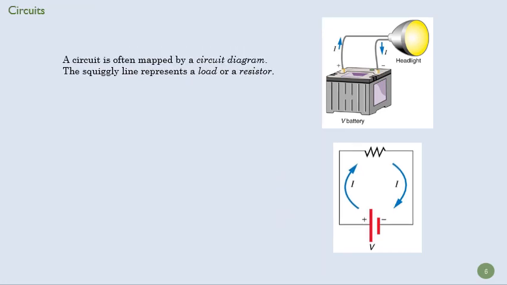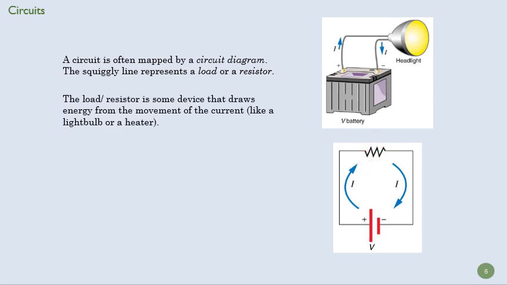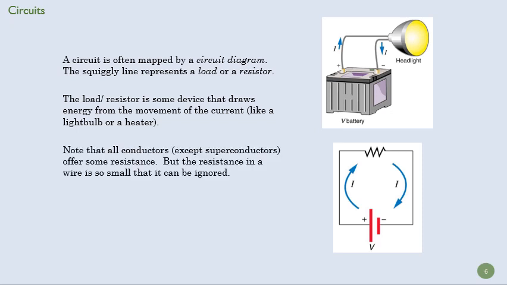So we map this in a circuit diagram. We have our squiggly line as our load or our resistor. All conductors are going to offer some resistance, but the resistance in this wire is really small compared to the resistance of our load.